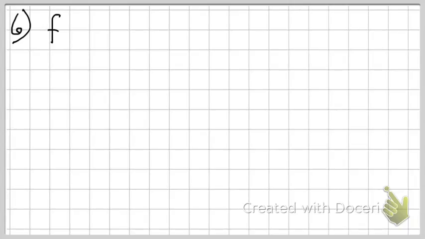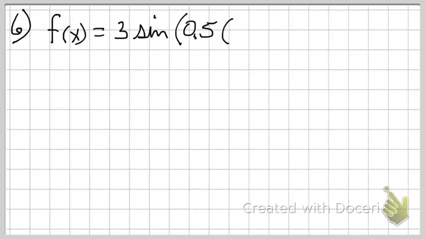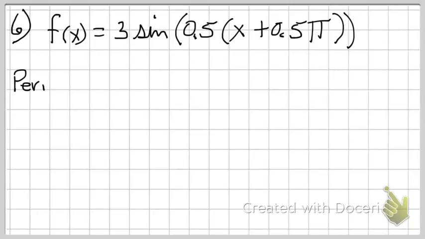Number 6, you were given f of x equals 3 times the sine of 0.5 times x plus 0.5 pi. And we were asked what the period was. Period is always 2 pi divided by that b value, which is 0.5 here, and that makes it 4 pi.